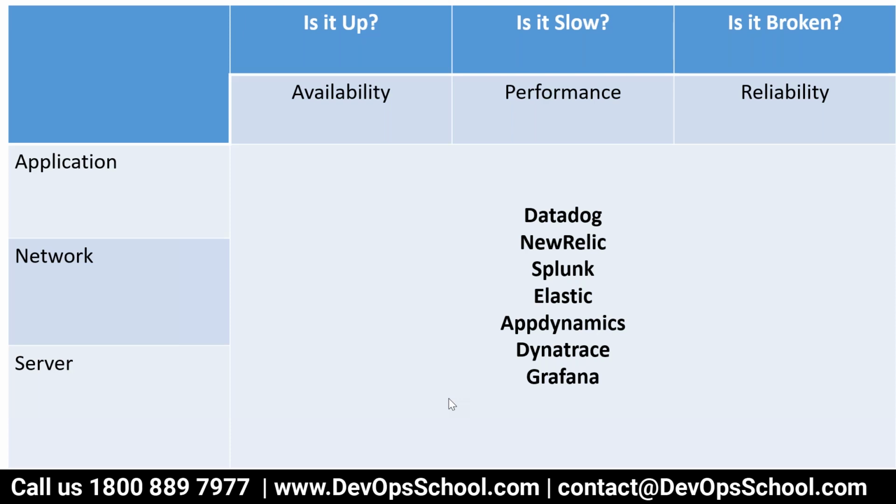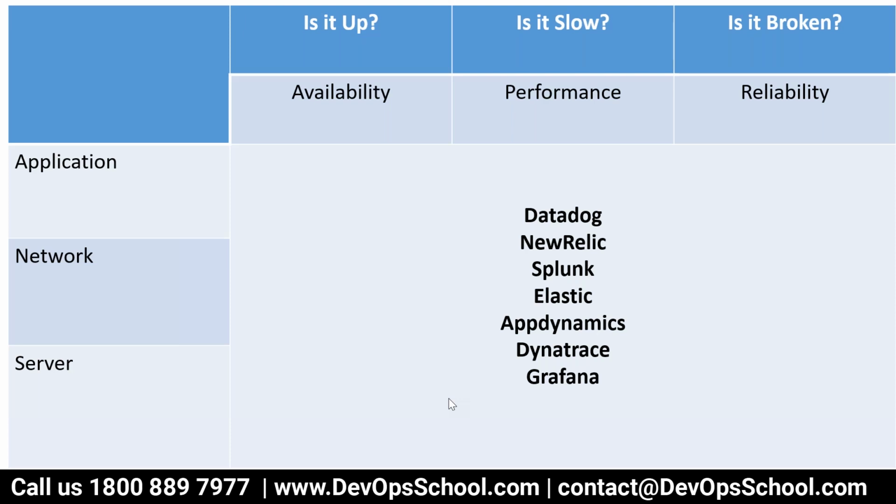Earlier, Grafana was known as a dashboarding solution, but now it's in everything. Dynatrace earlier was into infrastructure monitoring, now it's in everything. AppDynamics was into performance monitoring, now it's in everything.